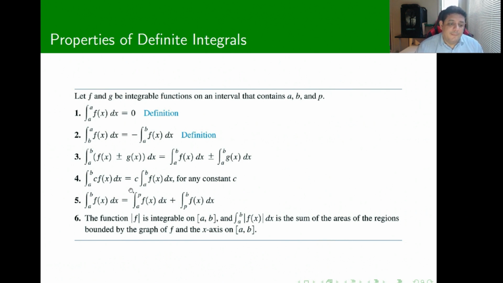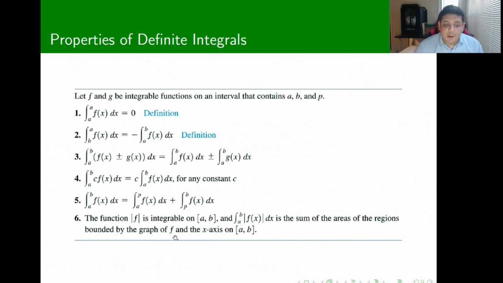If we have a constant, we can take it out of the integral, in the same way that we could pull constants out of derivatives. And because we can add areas, the area from a to b is the same as the area from a to p plus the area from p to b, where there is a point in the middle.